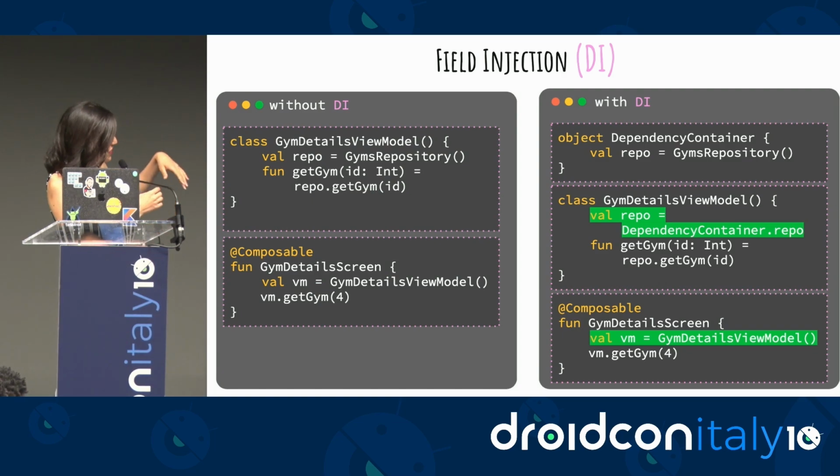Okay, so here we do have coupling between the view model and the container, which means that I cannot use the view model without having the dependency container inside it. Which makes it harder to test, as these two gentlemen said, because if I want to provide a different instance of the repo or the dependency container, it won't be possible.